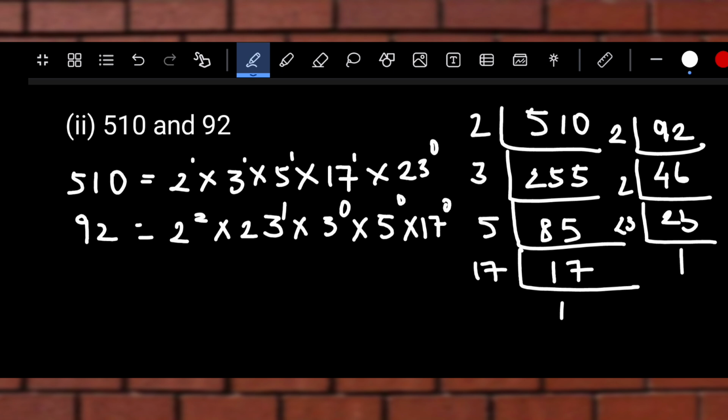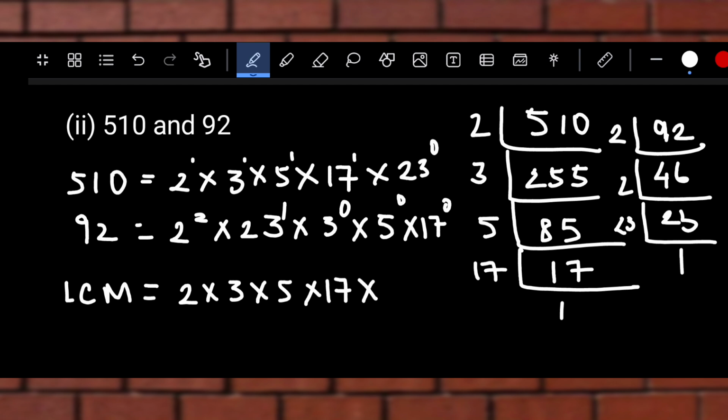Fine. Now I'll do the LCM, writing all the numbers with their highest power. So we'll write 2, 3, 5, 17, 23, with the highest power these numbers have. 2 to the power 2, since 2 is the highest power of 2. 3 is 1, 5 is 1, 17 is 1, 23 is 1.